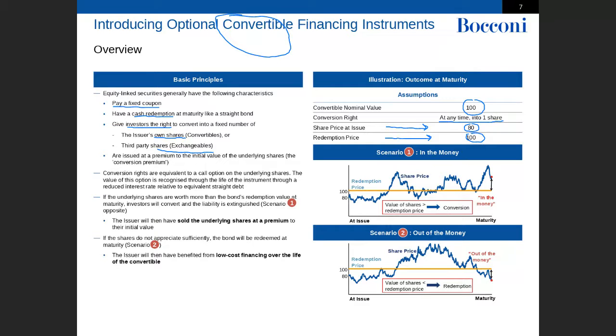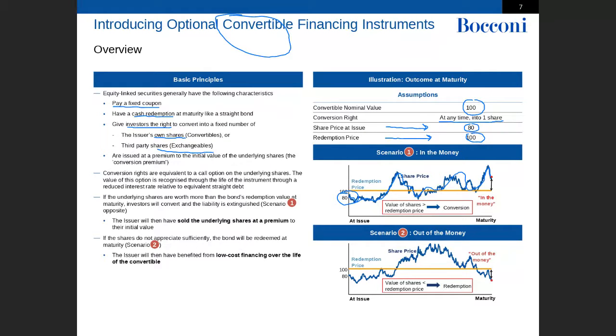Here is the share price when you issue the convertible. The share price during the life of the bond goes up, down, up, then down, up, like any normal share.